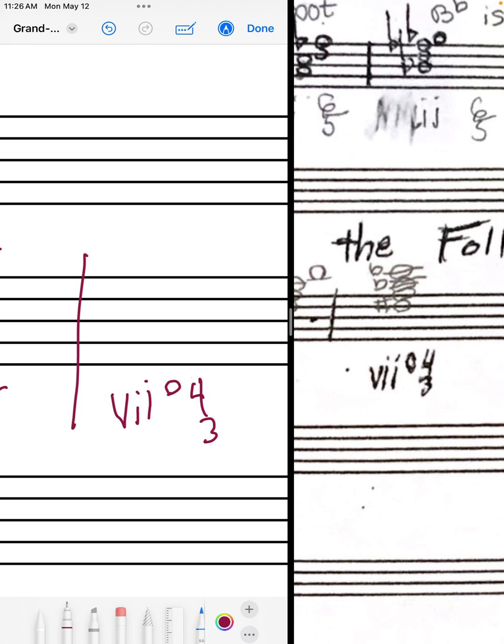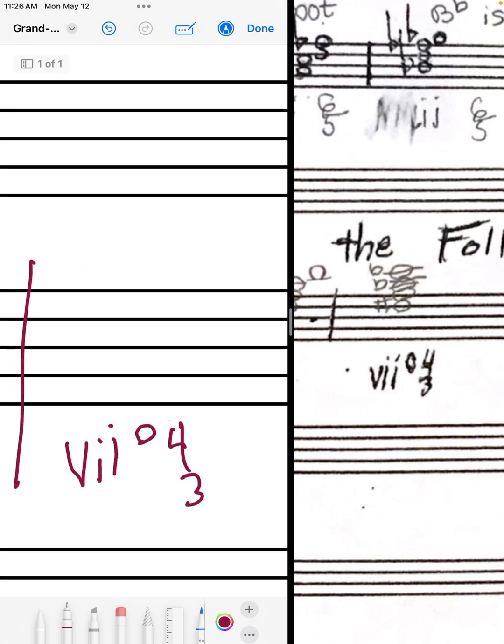You have to raise her, no matter what. It raises the leading tone, so I'm going to say D sharp. I don't care if some people argue with me on this. I disagree with the flats because it's not flat.